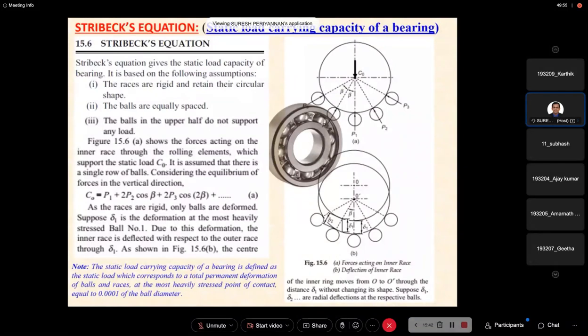Can you tell me the order of the noise? Roller bearing is greater than ball bearing, ball bearing is greater than the journal bearing. Is it right? More noise. But based on comfort and our requirement, we have to choose.